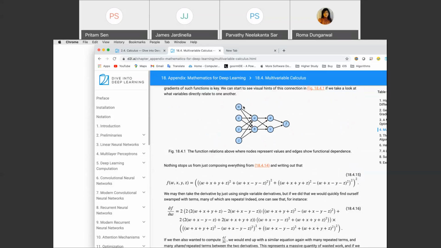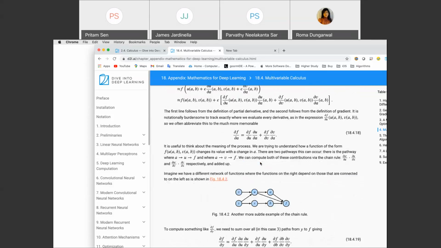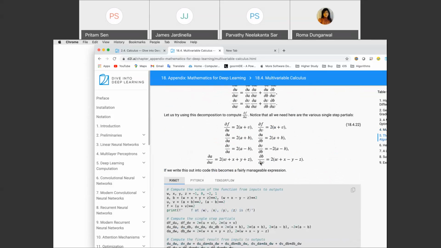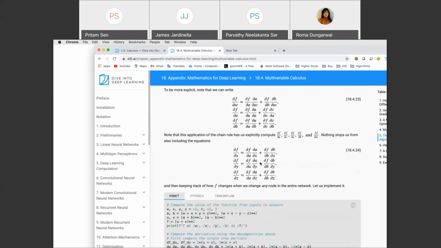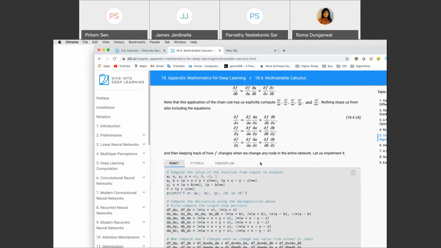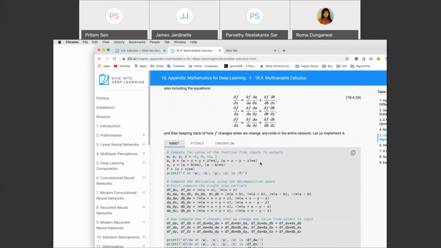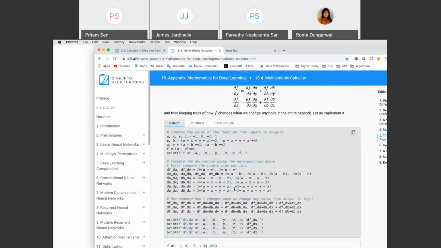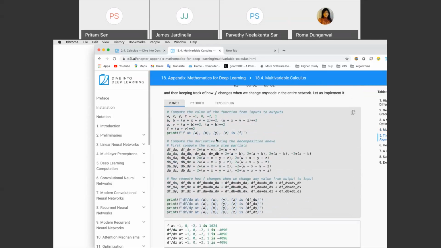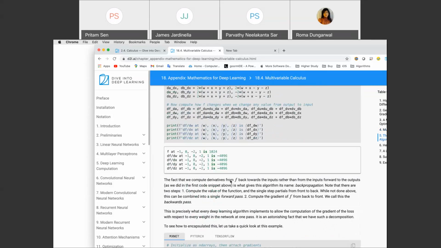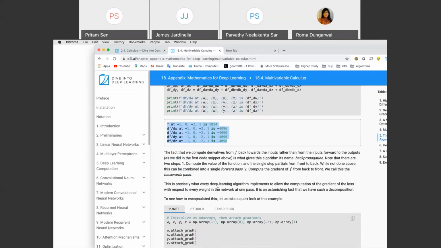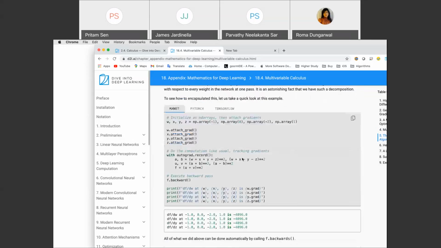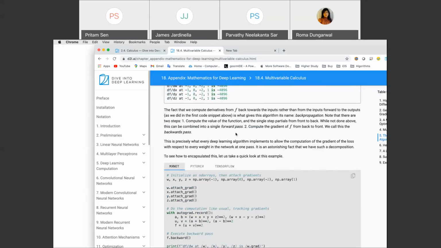They calculate in this way, and also they show the backward direction. They implemented it in TensorFlow and other frameworks and show that in both ways the results are the same, in the forward direction and in the backward direction.